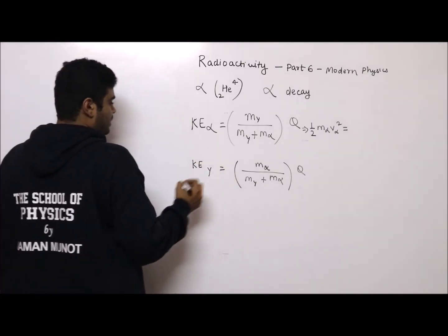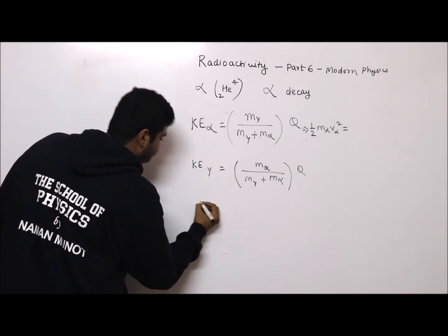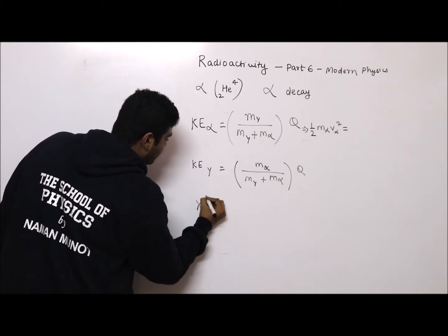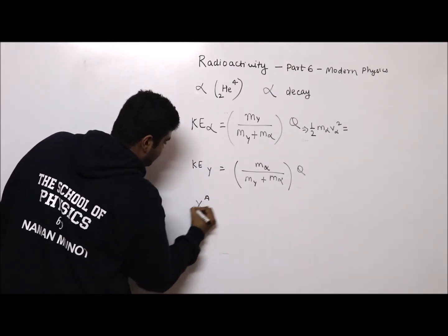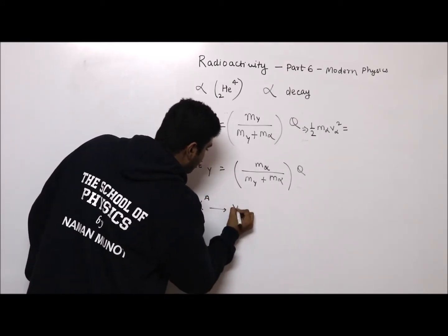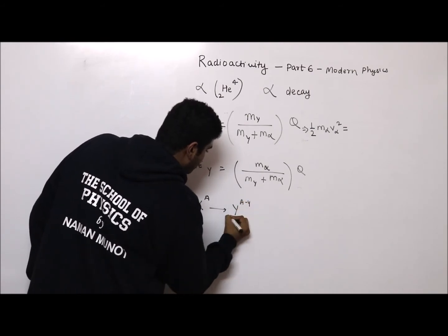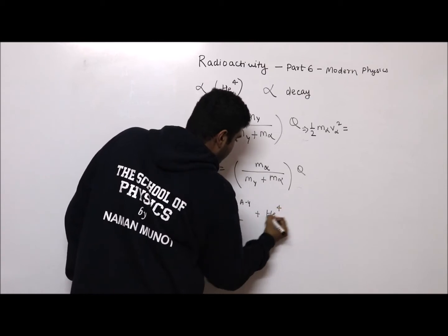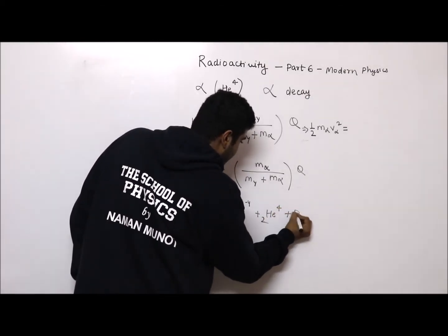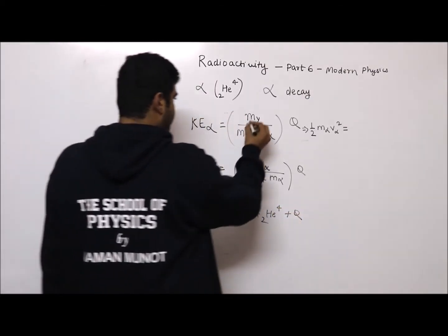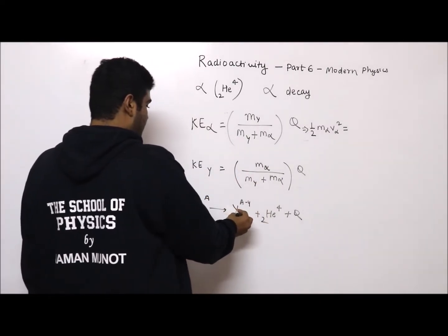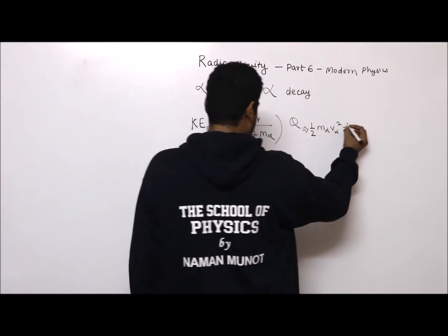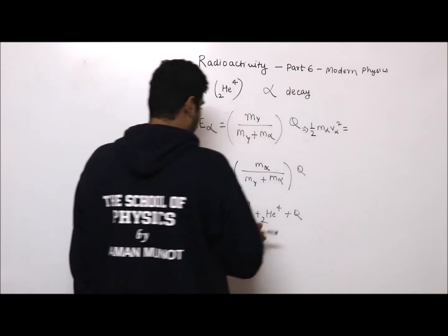The equation said something like X (A, Z) converting to Y (A minus 4, Z minus 2) plus He 4 2 plus Q. So my is A minus 4, and m alpha is 4.